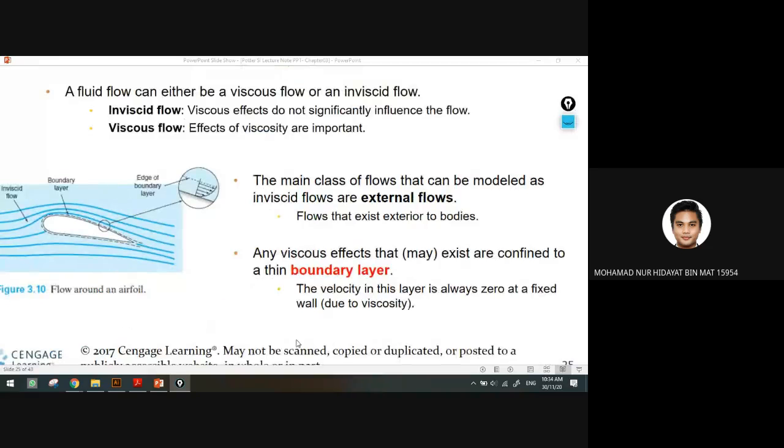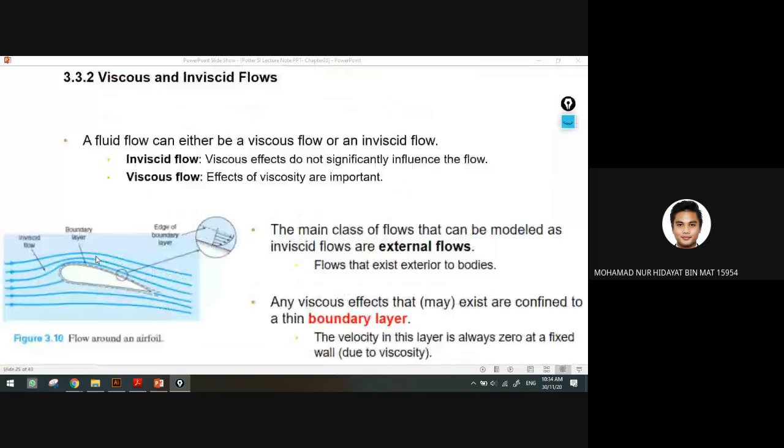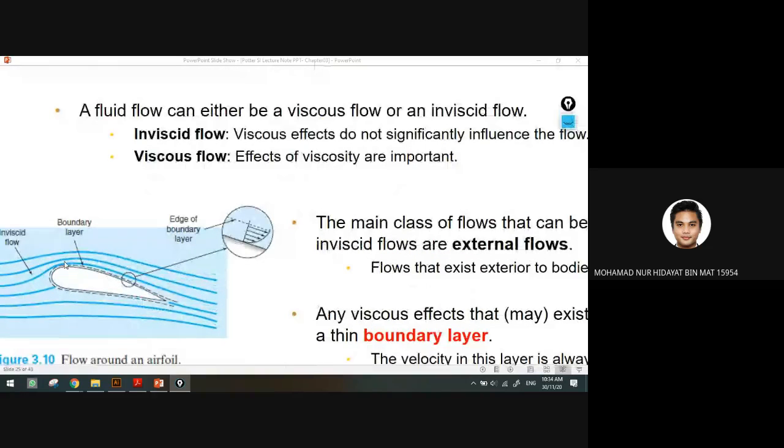So here, the boundary layer. This is the cross-sectional shape of the aerofoil. When you look at the dotted line here, we call this a boundary layer. Inside the boundary layer, we call it the internal flow.